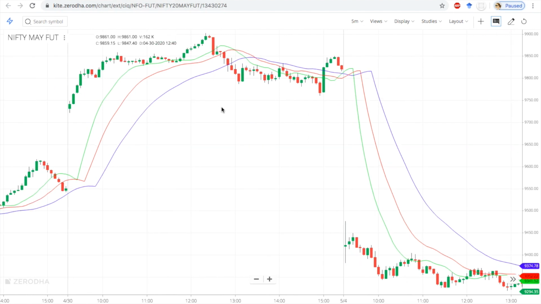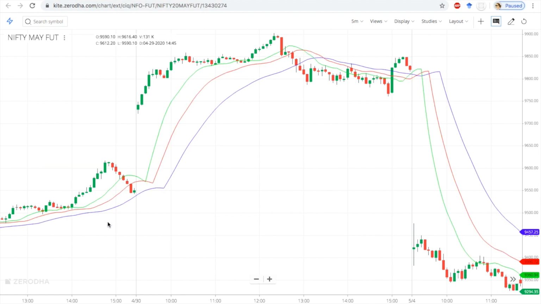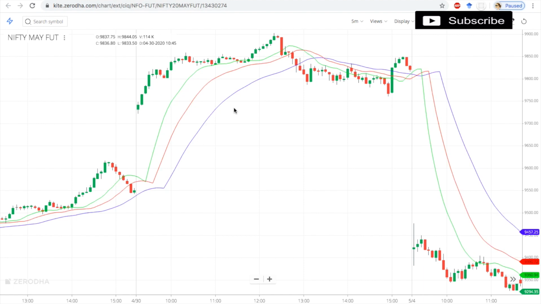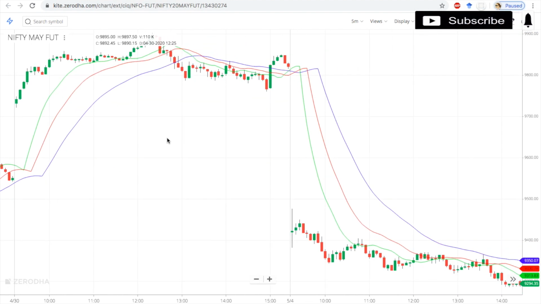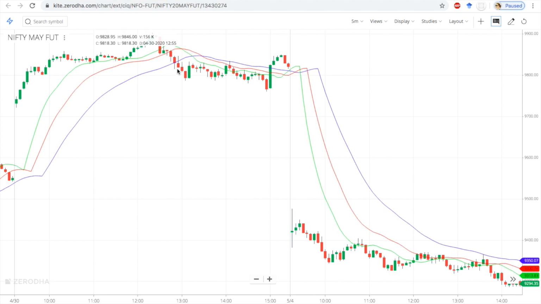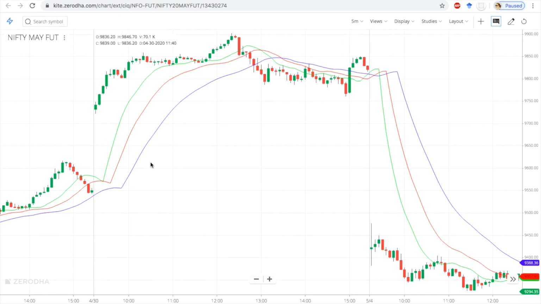So when the lips line, that is your green line, crosses above your jaw and teeth line, then you have to buy, or it is considered to be a buy signal. Similarly, when the lips line closes below your teeth line and jaw line, then it is considered a sell signal.